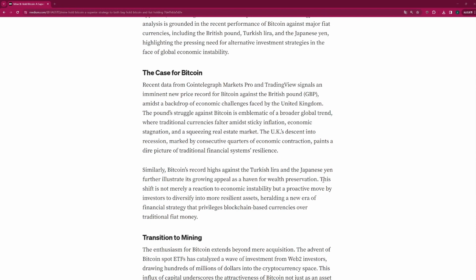The next part is about how good Bitcoin is compared to fiat currency. The brief summary for this part is that Bitcoin is better than fiat currency, and this is especially true since Bitcoin could beat some fiat currencies like the GBP, the Turkish lira, the Japanese yen, and many more countries in this world, because the amount of fiat currency is controlled by the government, which has no fundamental value, right?